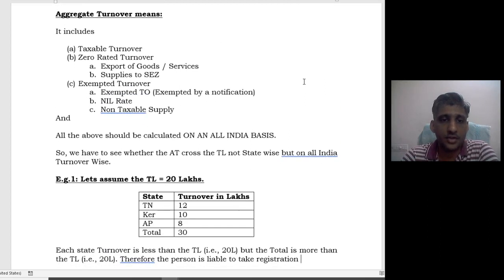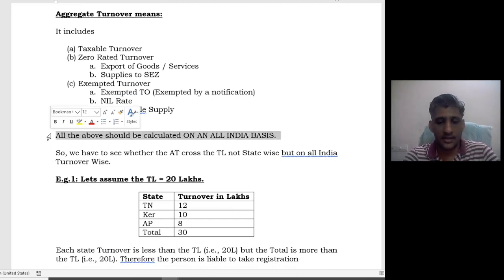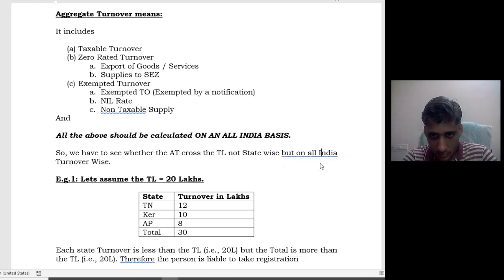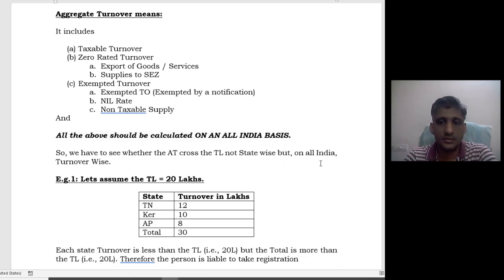I'll give you some time, so you can pause the video and write what the aggregate turnover means, and that it should be seen on all India basis. Done.